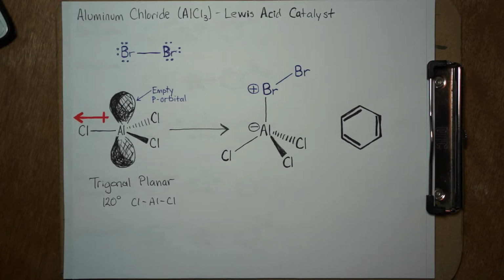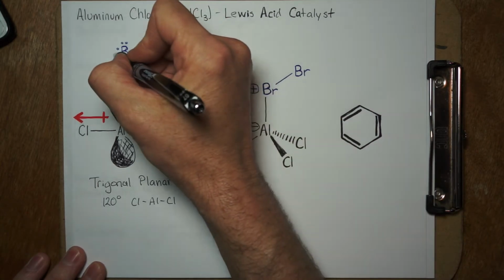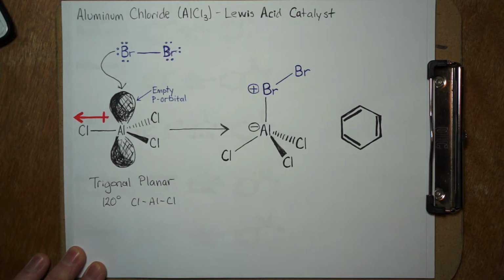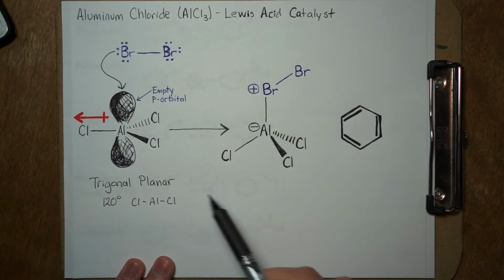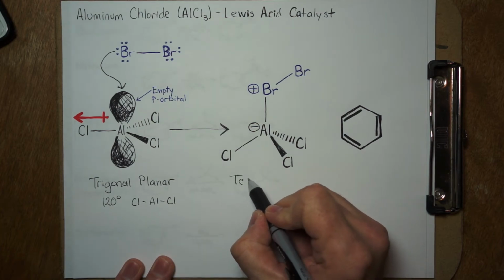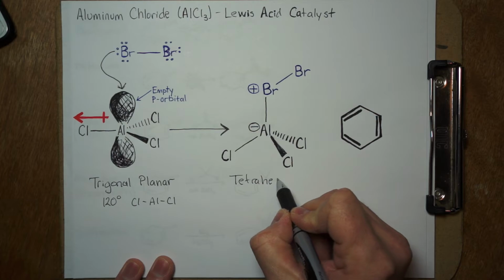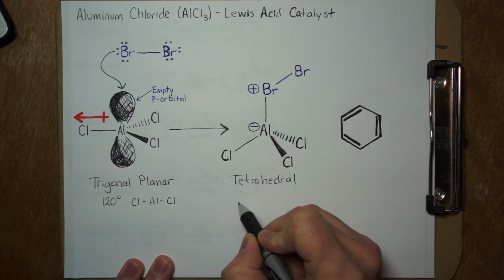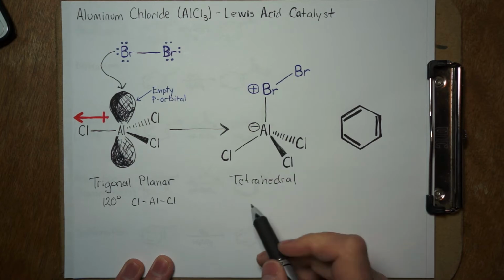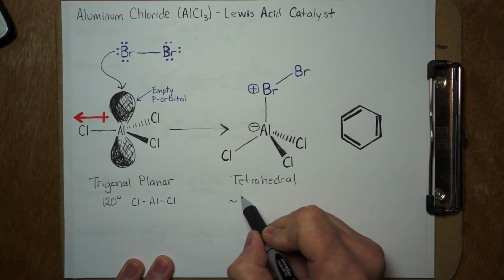It has to interact with that empty p orbital on aluminum. When it does add, in this case bromine, we're going to take these electrons and show them adding to that empty p orbital. When it does add, that geometry is going to switch from trigonal planar to tetrahedral, and now the chlorine-aluminum-chlorine bond angle is going to be about 109 degrees.